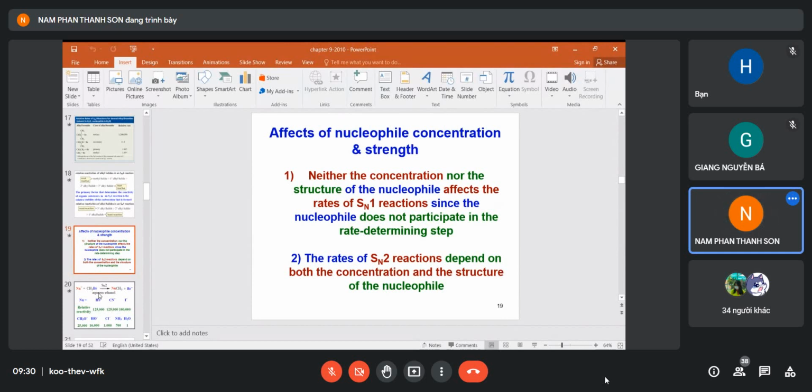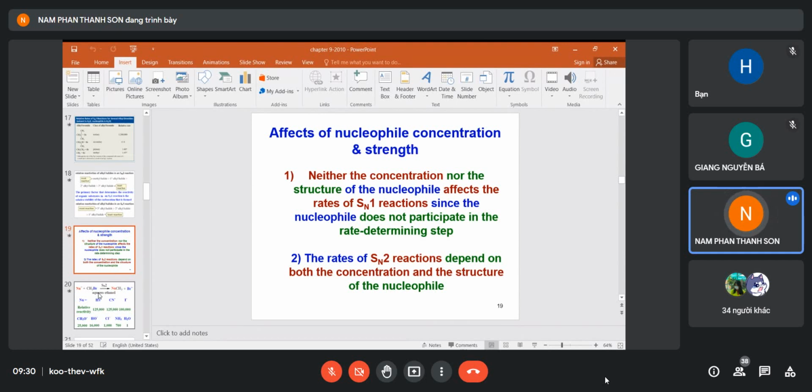You know, in the SN1 reaction, the rate determining step, I mean the slow step, there is only one molecule, that is alkyl halide. So the concentration or the structure of the negative attacker, I mean the nucleophile, will not affect the rate of the SN1 reaction.